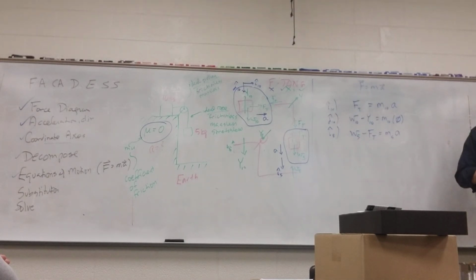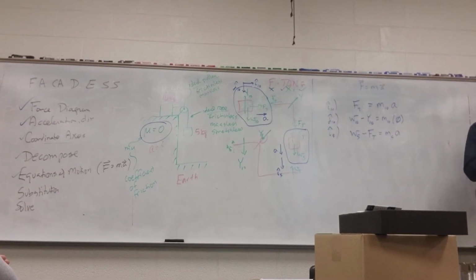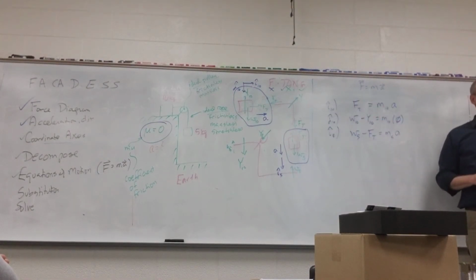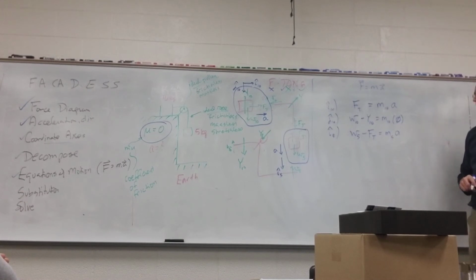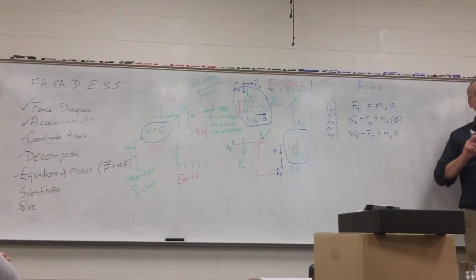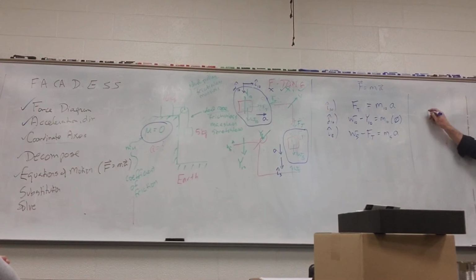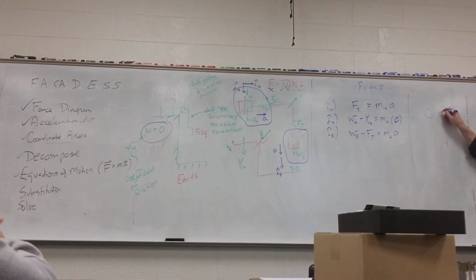All right, substitution. I'm looking at these things, and the question is, do we have an independent formula for any of these? There's not an independent formula for tension. Tension always depends upon the problem. Normal force always depends upon the problem. Weight does not depend on the problem. So a little sidebar: if I have an object in free fall, what are all the forces acting on it?